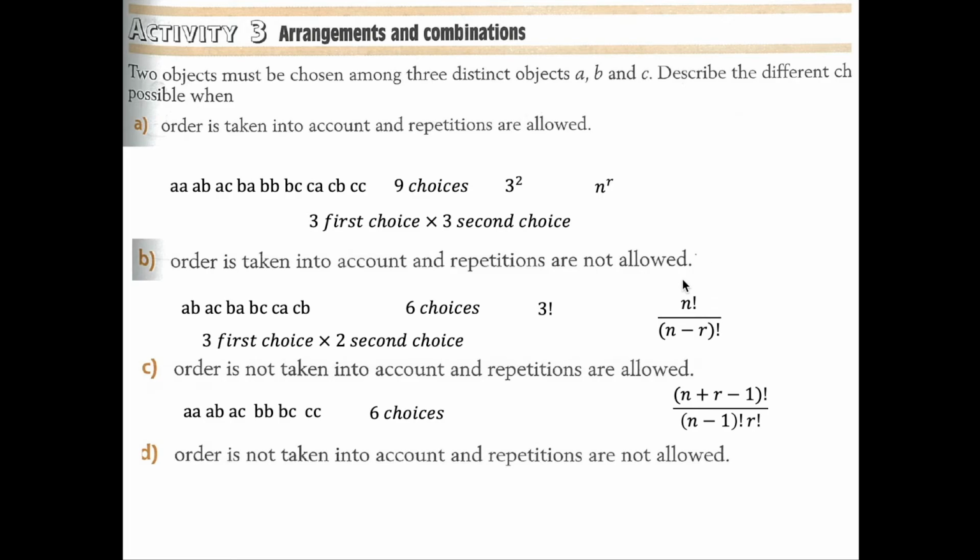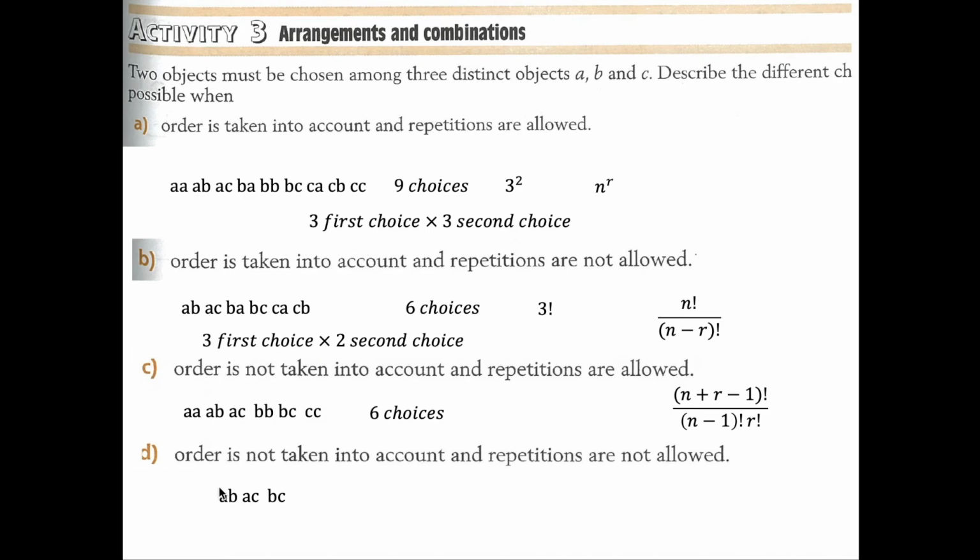If you have AB, that could also be BA, right? So AB and BA, that's 2 different outcomes, needs to be just written as AB. So we're going to divide by 2 factorial. So exactly this, but also dividing by r factorial.